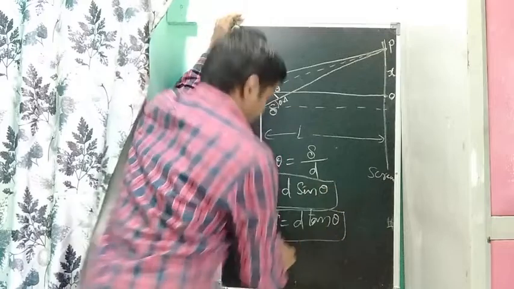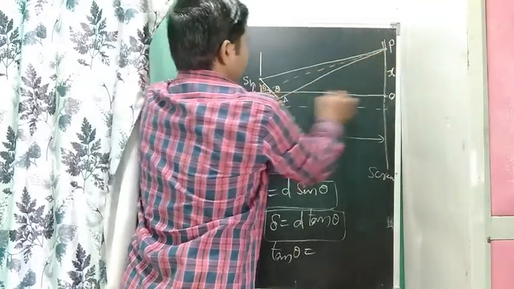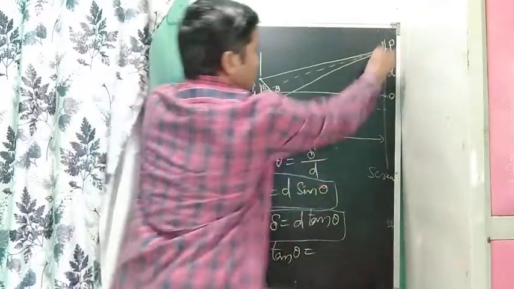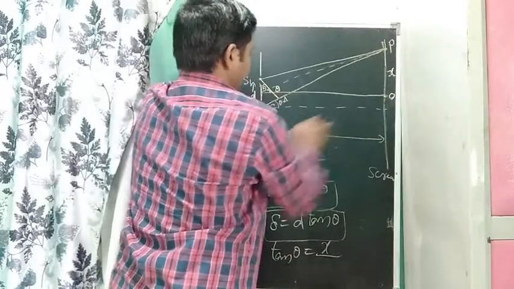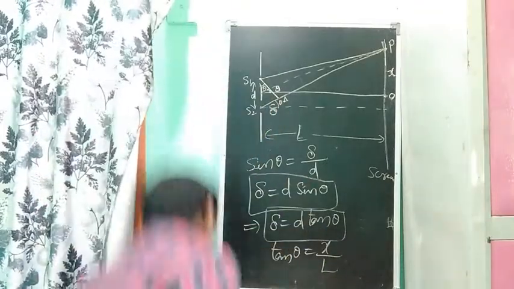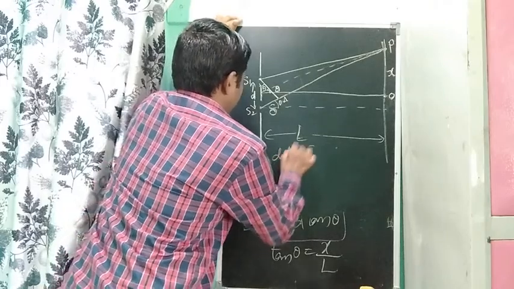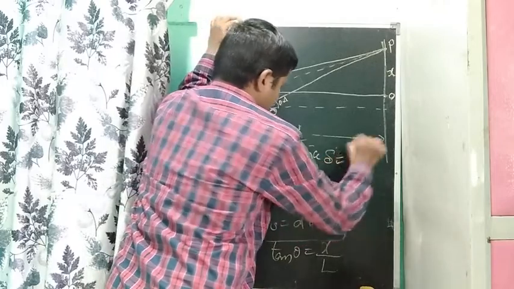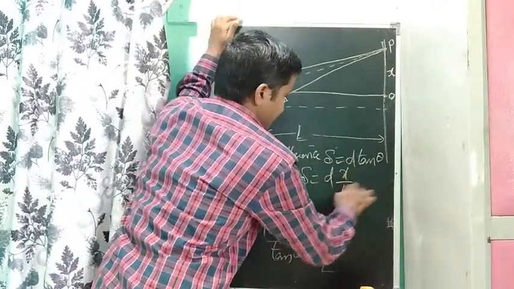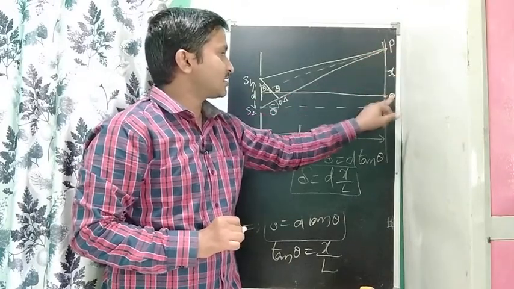So tan theta equals opposite side x by adjacent side L. The distance between the slits and the screen is L, so tan theta is x by L. Therefore the path difference delta equals d tan theta, which is d into x by L. This is the path difference between the two light waves reaching the point on the screen which is at a distance x from the center.